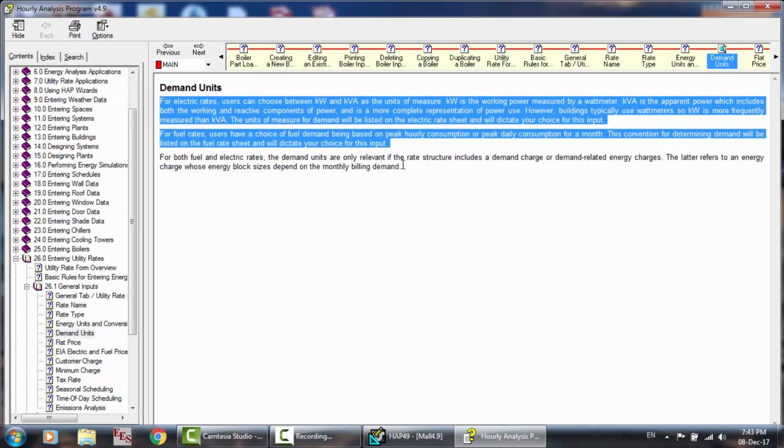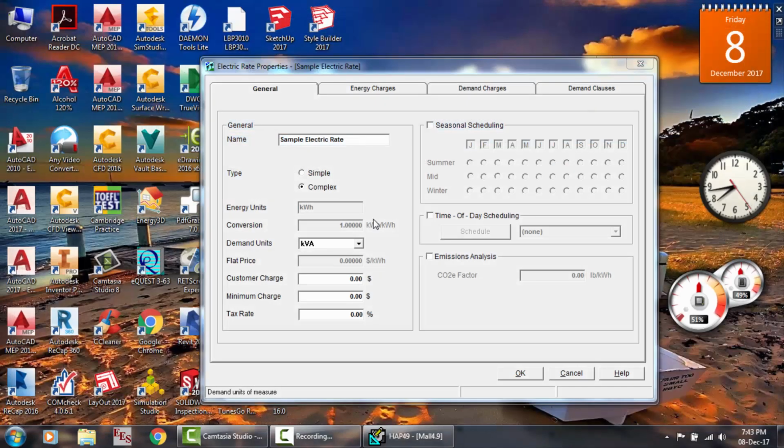So this is a more complete representation of power used. However, buildings typically use watt meters, so kilowatt is more frequently measured than kVA. The units of measure for demand will be listed on the electric rate sheet and will dictate your choice for this input. So it is recommended to use kilowatt.